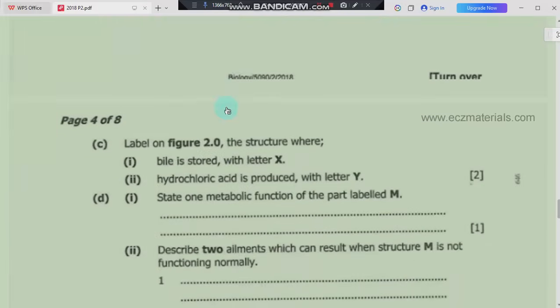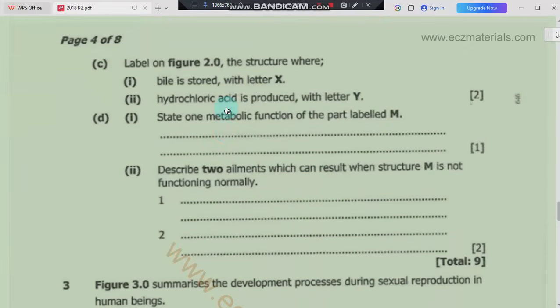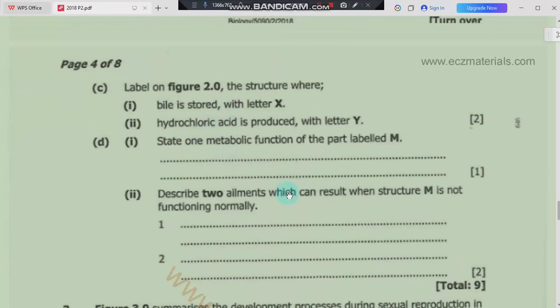Then let's move on. The question says, describe two ailments which can result when structure M is not functioning normally. So they want you to describe two ailments that can result when your structure M, which was the liver, is not functioning normally. So what are those ailments or diseases or conditions? Number one, we have hepatitis.